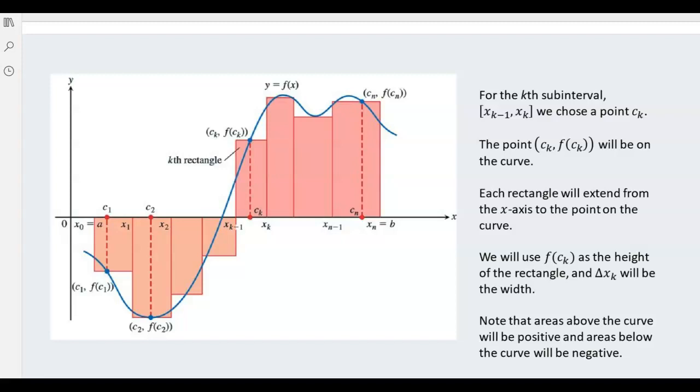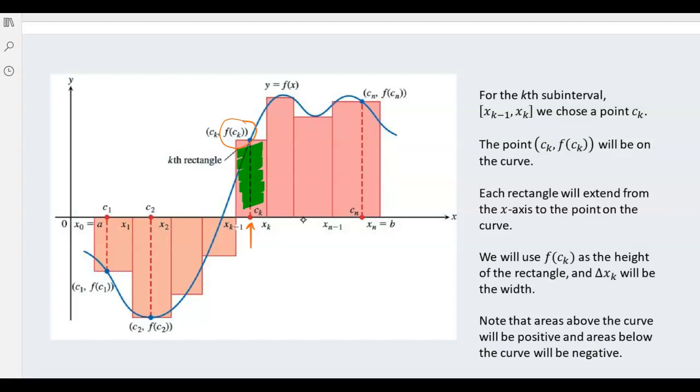Let's say that we are looking at this one here. We're picking the point c sub k, which is in the kth subdivision. And when I plug that into the function here, that gives me the height of that particular rectangle.